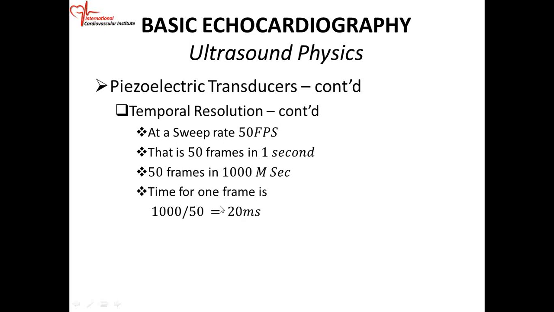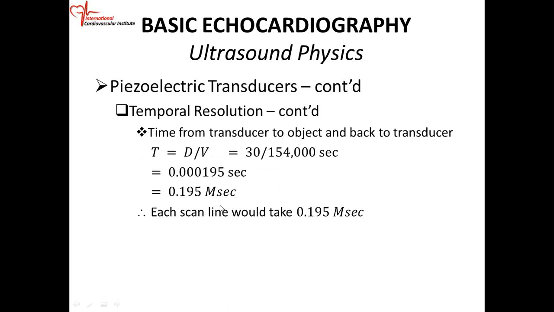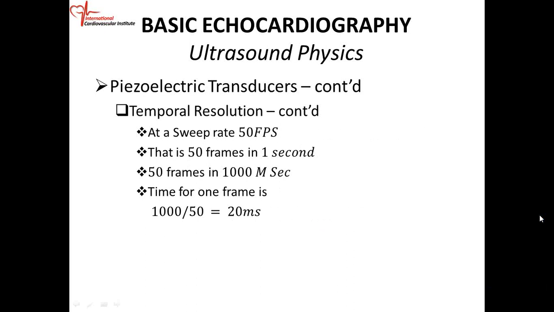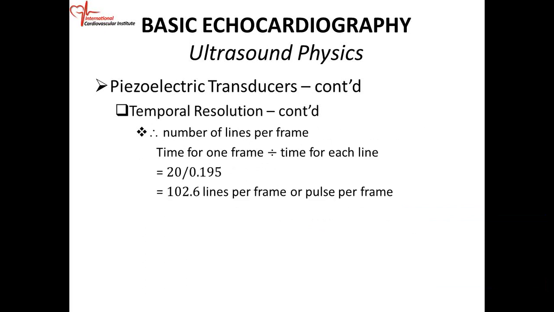So each frame is going to take 20 milliseconds. But I showed you that the time it's going to take for each scan line is 0.195 milliseconds. So you have the time it's going to take per frame and the time it's going to take for one scan line.